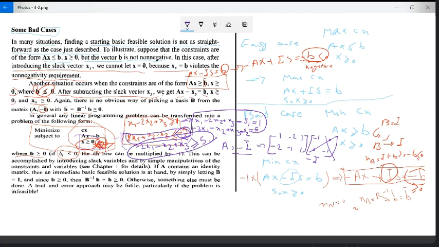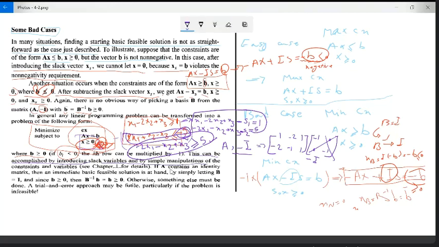Okay. Pay attention, please. This can be accomplished by introducing a slack variable and by simple manipulation of the constraint and variables. See chapter 1 for details.